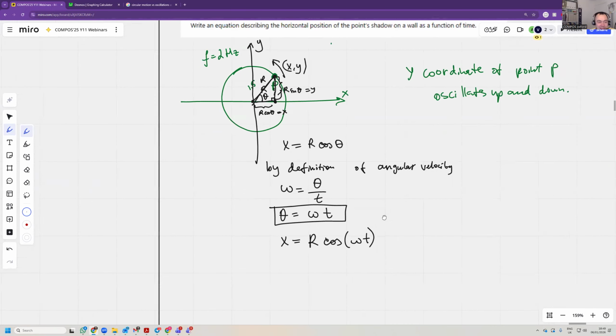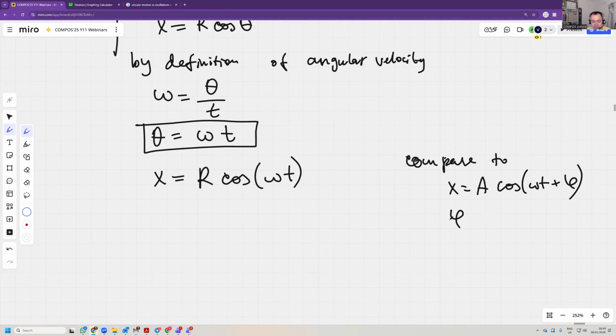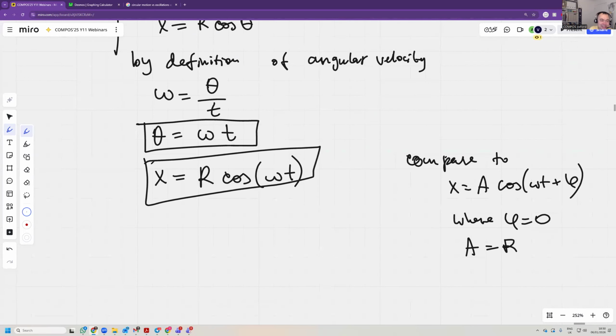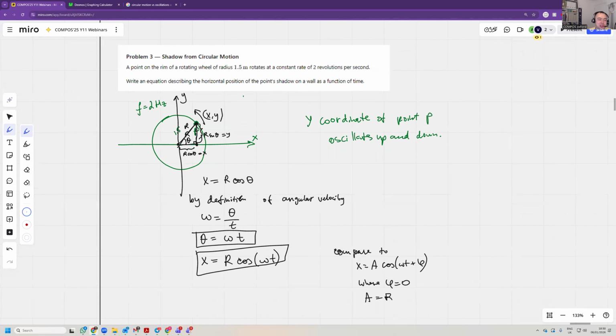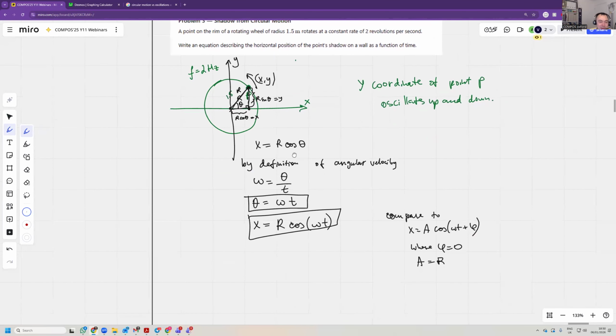Where r is the amplitude and phase is 0. Compare to x is equal to A cos(omega t plus phi), where the starting phase is 0 and A is the radius of the circle. That is a beautiful result, and it does prove that. So now we just need omega.